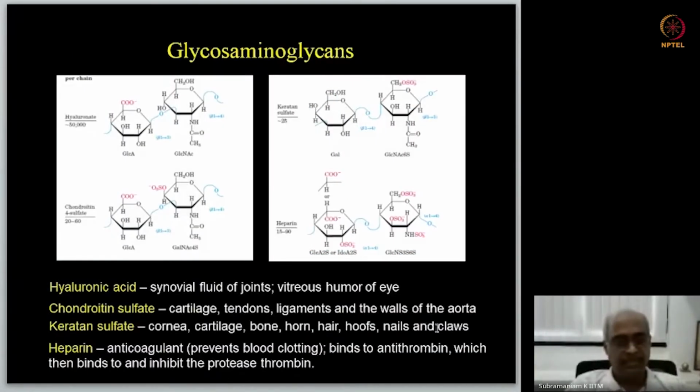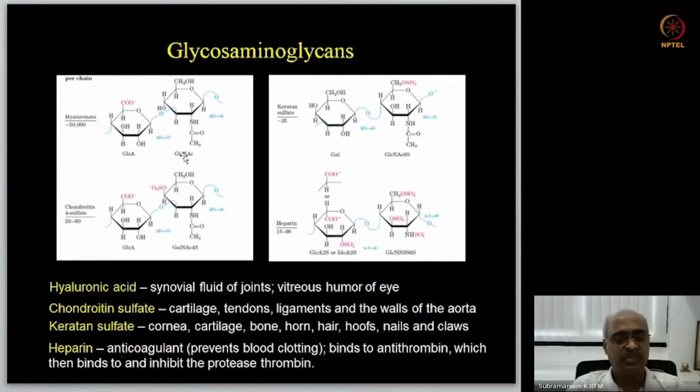The next set of heteropolysaccharides we are going to see are called glycosaminoglycans. We already know glucosamine, with the amino group attached to usually the 2nd carbon, and that I told you yesterday is usually acetylated, so N-acetyl glucosamine.